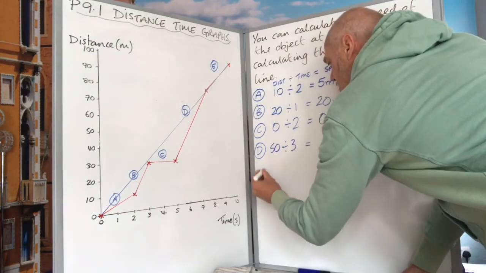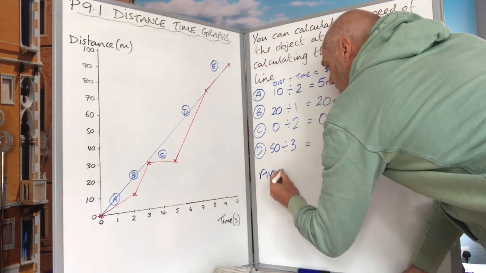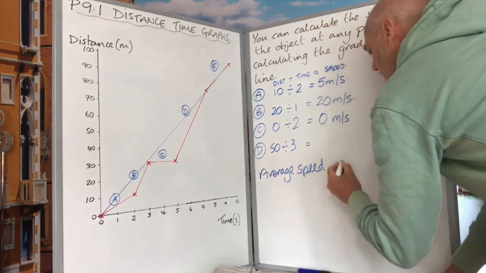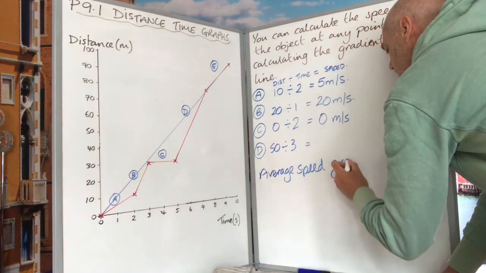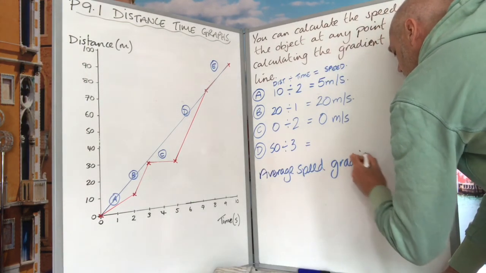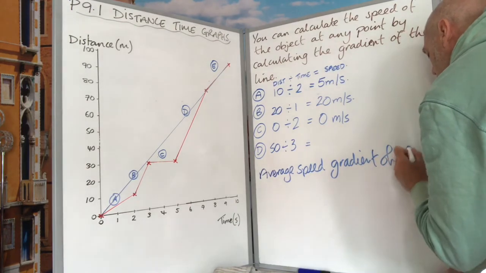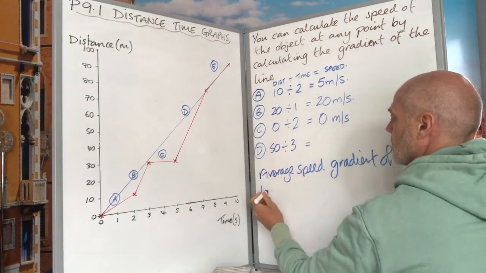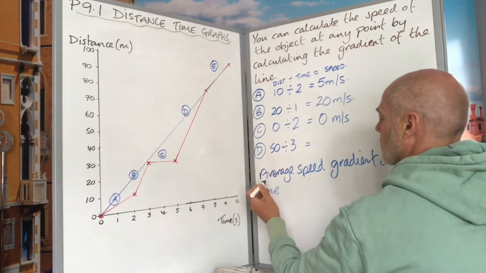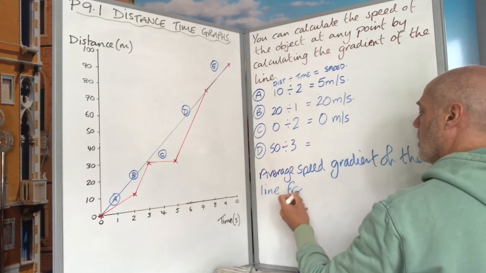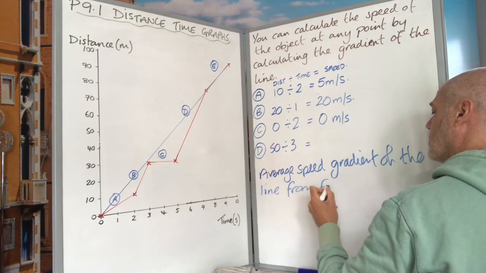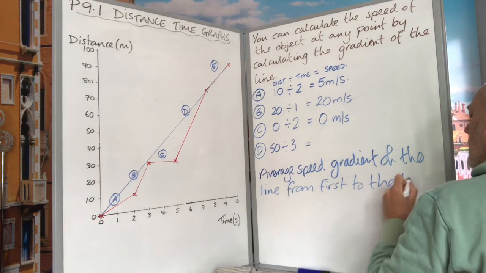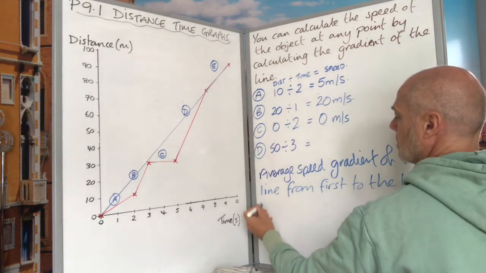So the average speed is going to be the gradient of the line from the first to the last point.